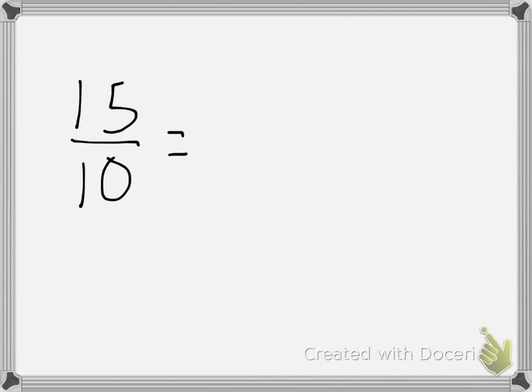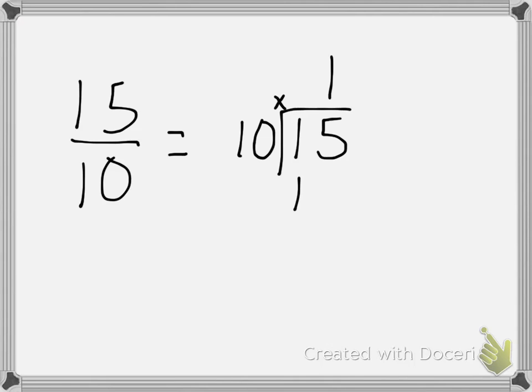So we're going to take 15/10 as an improper fraction, and a fraction is a division problem. 15 divided by 10 goes in one time. We're going to multiply on the outside here, and that gives us 10 with 5. Our remainder becomes our numerator of our fraction.